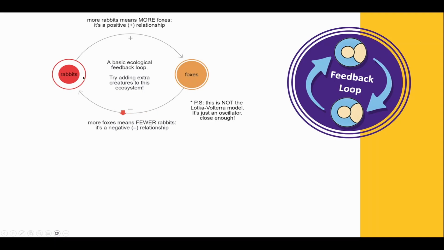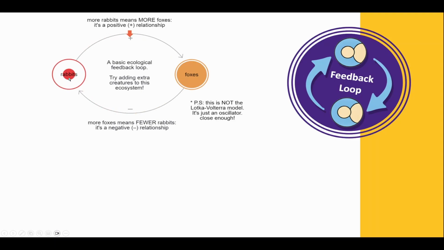So basically, this is how it works. If rabbit population decreases, that decrease will result in fox population decrease. If rabbit population increases, that increase results in fox population increase. So basically, when we have more rabbits, there's more food for foxes, so fox population grows, and as a result of that growth in fox population, more rabbits are being hunted, which results in a decline in the rabbit population.